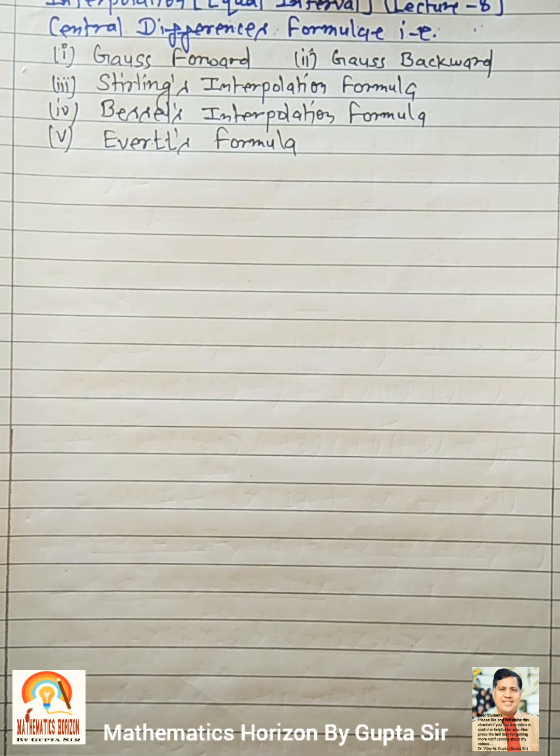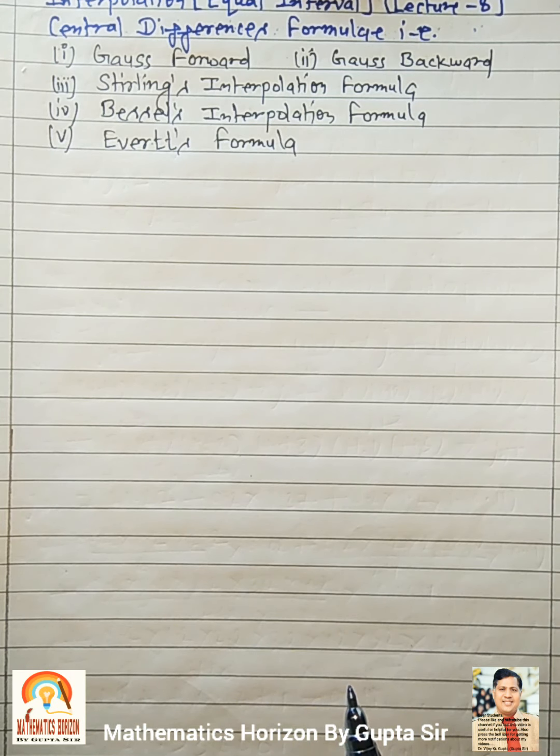As we know, if the interpolated value is near the beginning of the table, then we use Newton's forward interpolation formula. And if the interpolated value is near the end of the table, then we use Newton's backward interpolation formula.